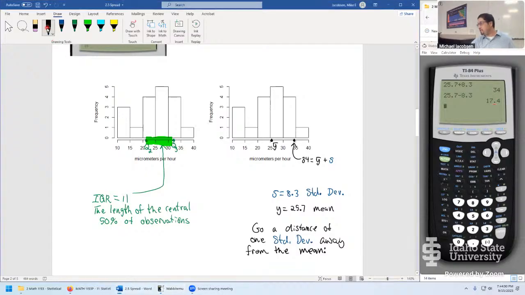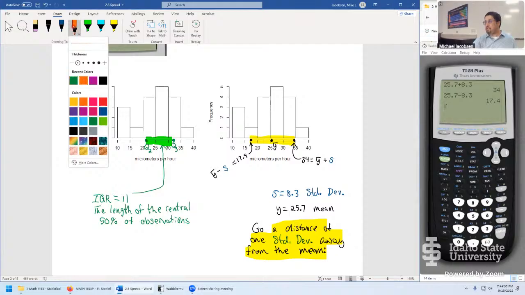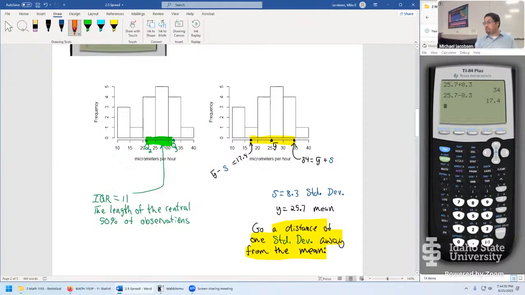So we're about here, roughly there. So this is 17.4. And that's equal to Y bar minus S. So when it says go a distance of one standard deviation away from the mean, we're going from here all the way to here. And that contains, well, pretty much most of the data. So that's pretty much what the standard deviation is going to do if your data is roughly symmetric.